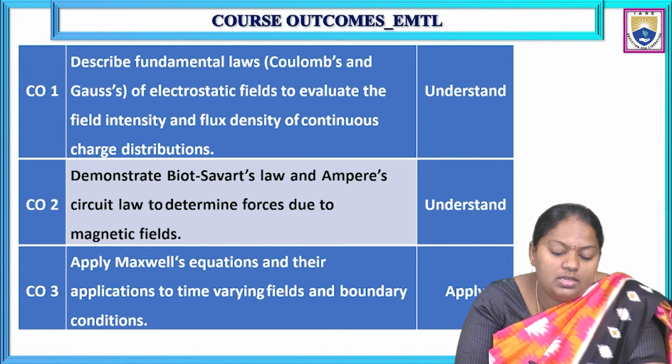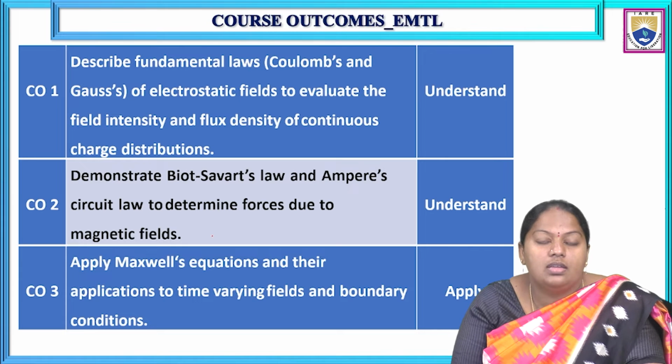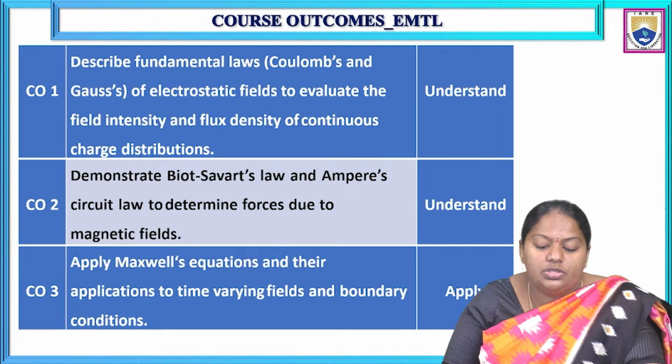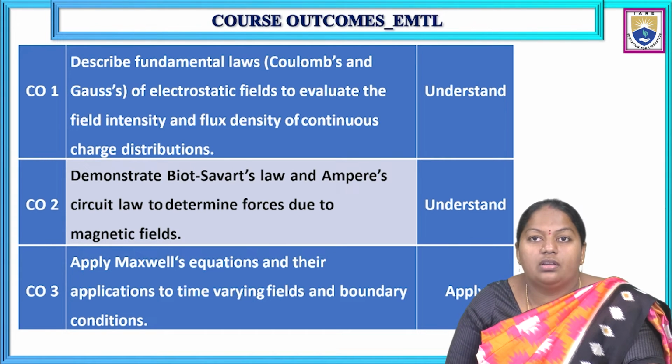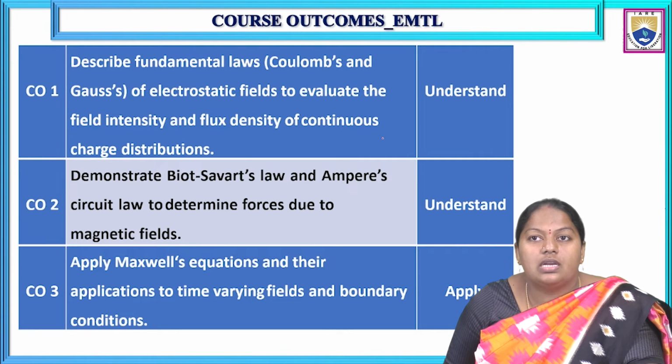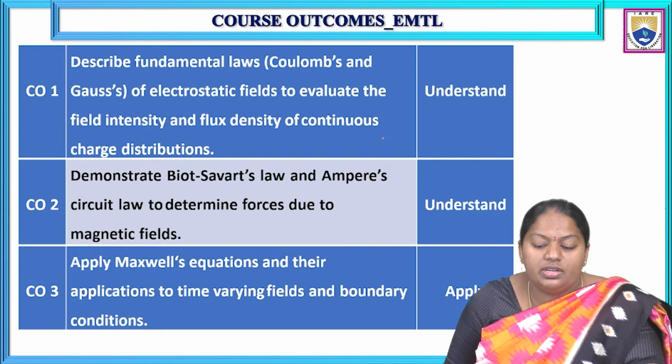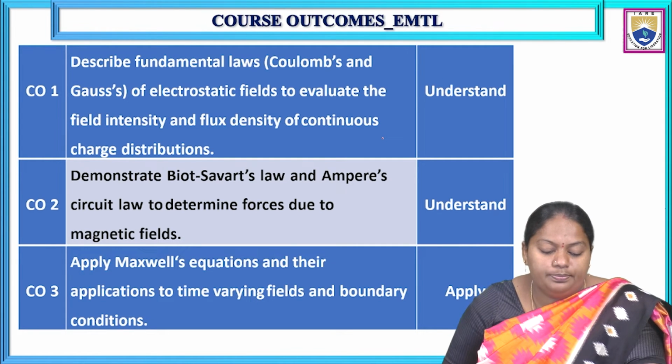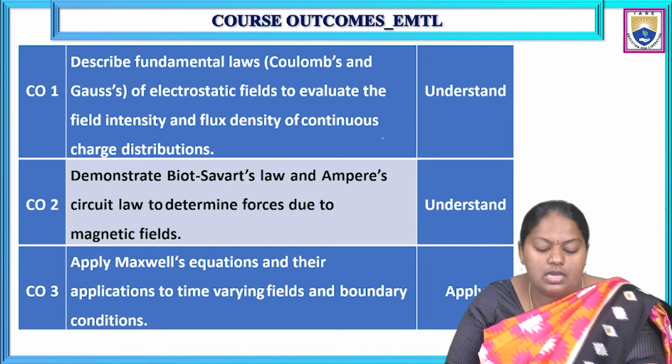Second CO, that is demonstrate Biot-Savart's law and Ampere's circuit law to determine forces due to magnetic fields. The first CO is related to electrostatic fields and the next one is for magnetostatic fields. Both are defined under the understand level, the second Bloom's level. Next is apply Maxwell's equations and their applications to time varying fields and boundary conditions.